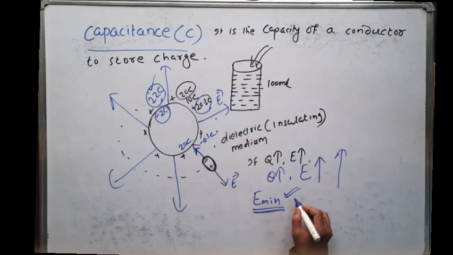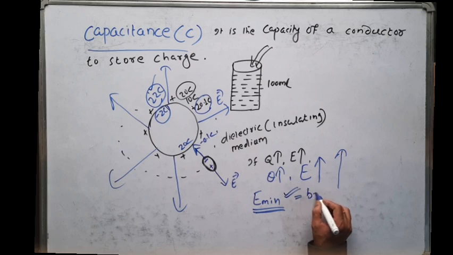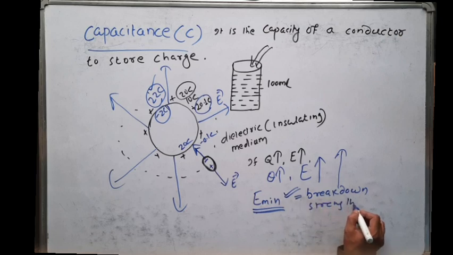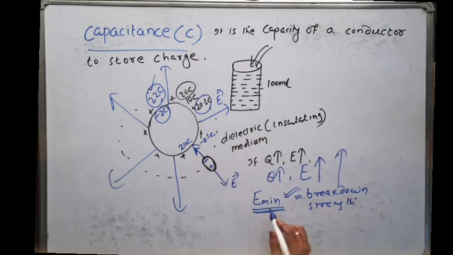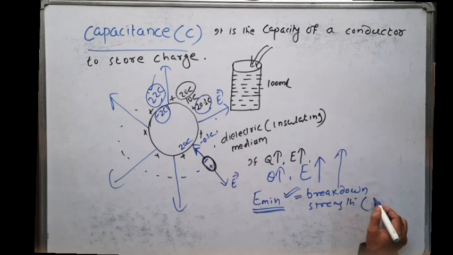So that minimum electric field strength is called the breakdown strength. Okay, so this is called breakdown strength, whose unit is what? This is electric field intensity, and you know electric field intensity is volt per meter.